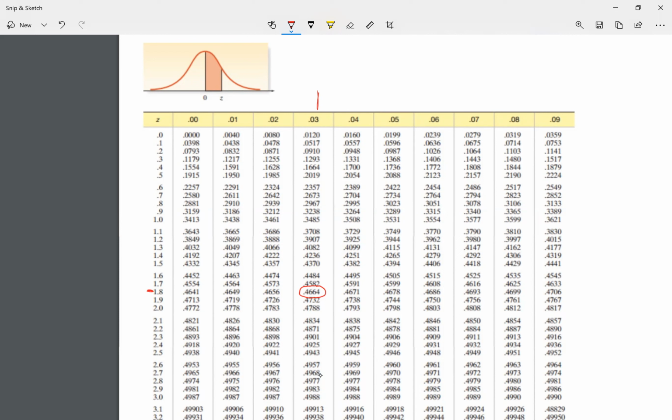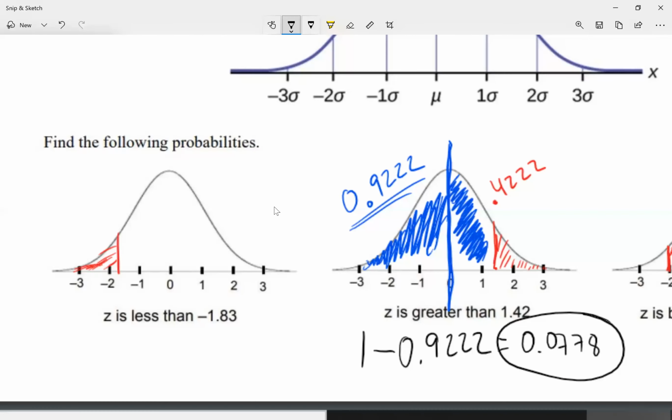Okay, let me come back here. You might be thinking, okay, why did that happen? I said from 0 to 1.83, it gave me, what was it? Do you guys remember? Yeah, it was 0.4664.